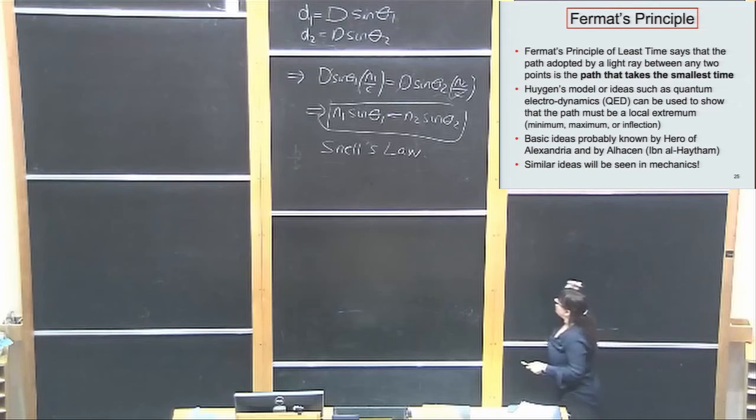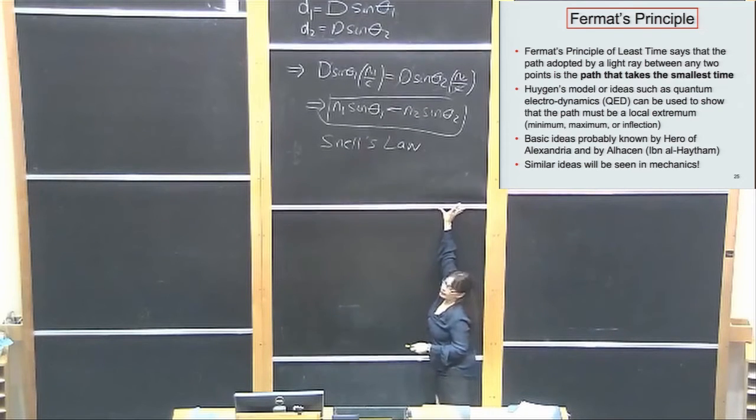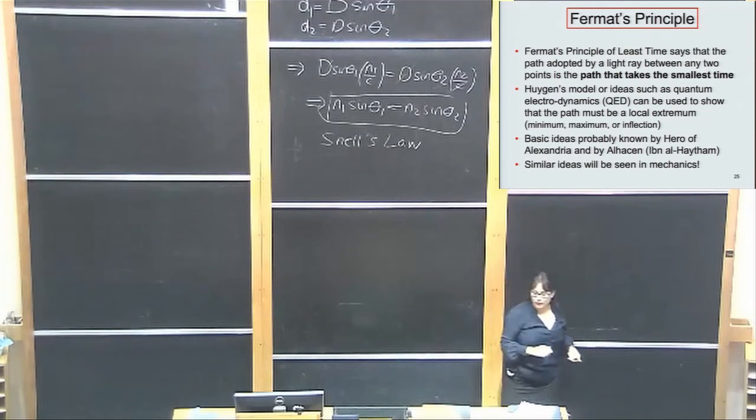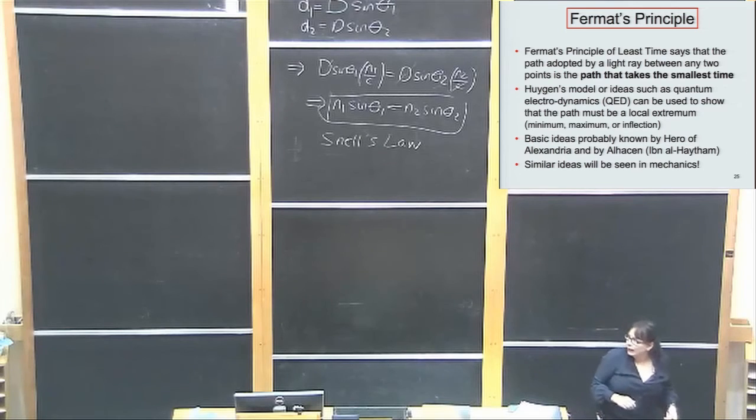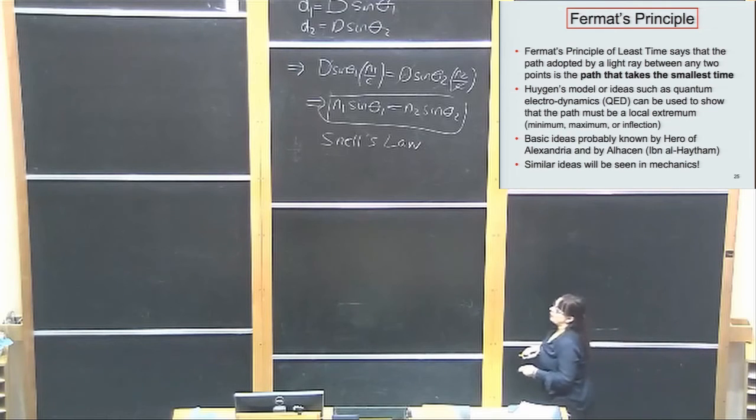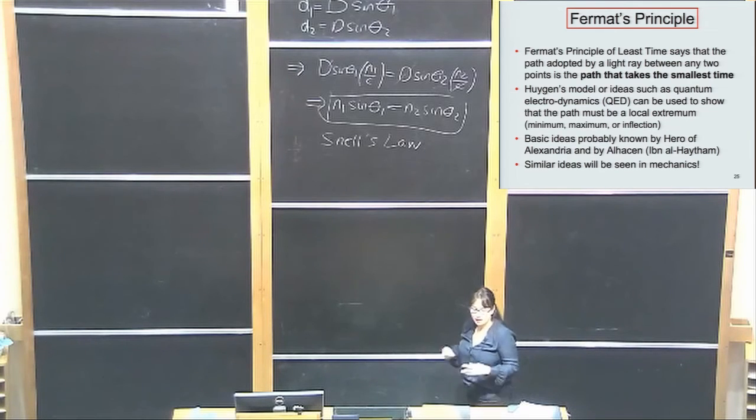Pierre de Fermat was really an amazing mathematician and physicist back in the 1600s. He was responsible for essentially rewriting all of mechanics and optics from a different viewpoint.